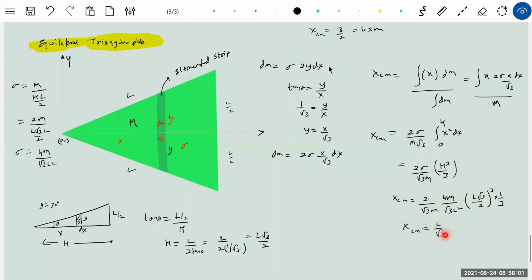Yes, L by root 3 only. Like this we can define. The side length is given. The height of the triangle will not be given. That's why we are replacing h by L.